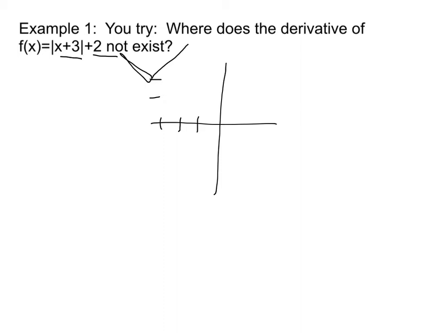That's all at -3. So f prime of -3 does not exist. The derivative of f at -3 does not exist. Hopefully you got that.